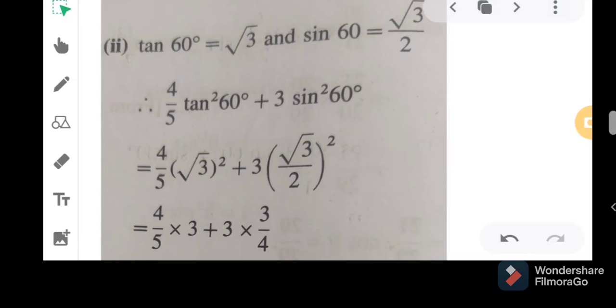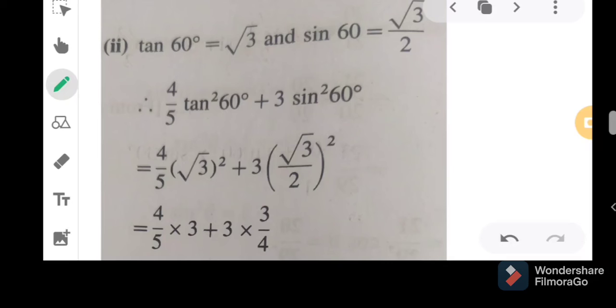Find the values of the relation 4 by tan 60. Tan 60 equals root 3 and sin 60 equals root 3 by 2.